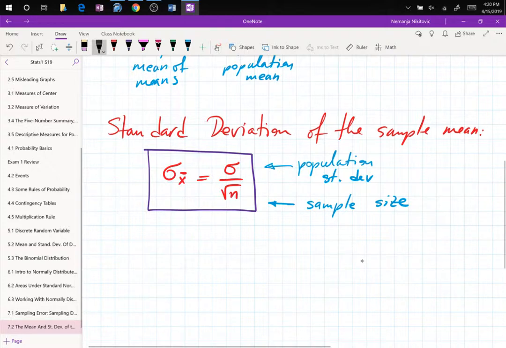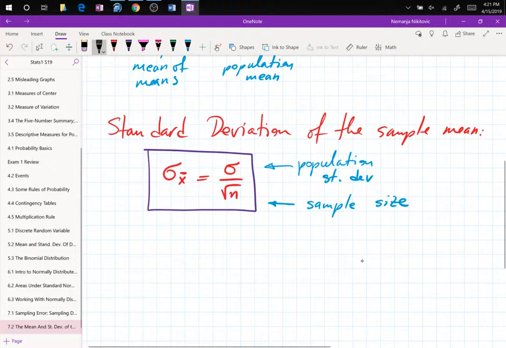Let me see if there are any civil homework exercises. Sample size, let's do sample size 4.